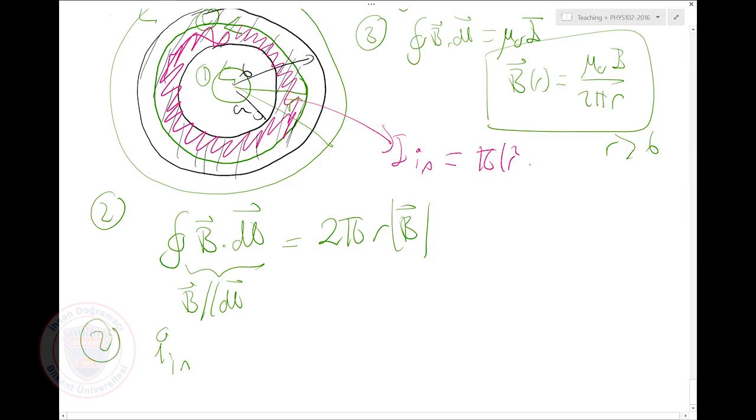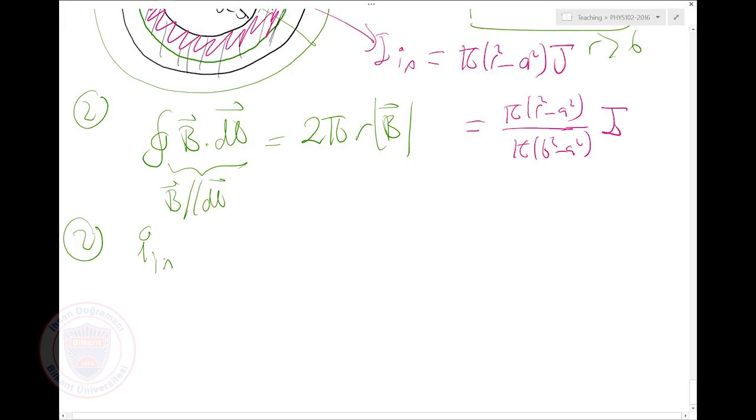Pi (r squared minus a squared) times J. So it's going to be pi (r squared minus a squared) divided by pi (b squared minus a squared) times the current. Alright? So I in apparently is what I found. Pi is cancelled. (r squared minus a squared) divided by (b squared minus a squared) times I.